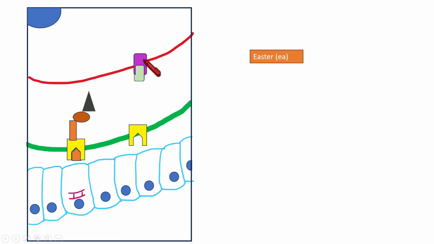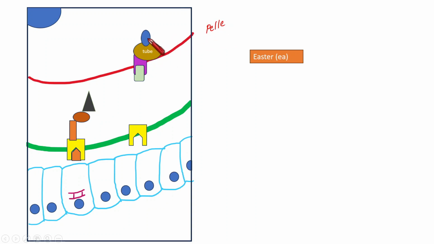Okay, and as this Toll receptor gets activated, then another two proteins come, Tube protein and Pelle protein. Actually, this Tube protein is a carrier to fetch this Pelle protein to here.